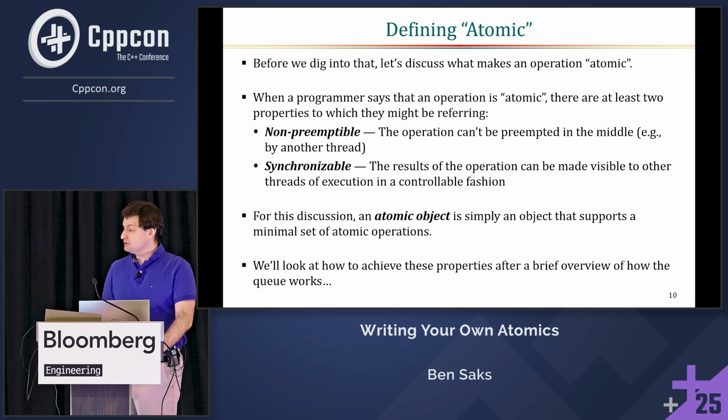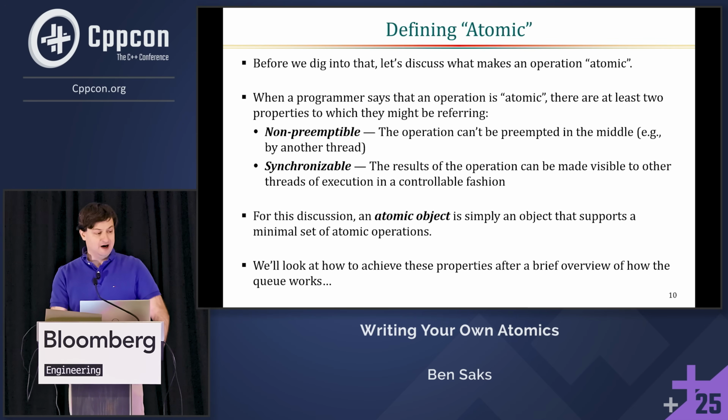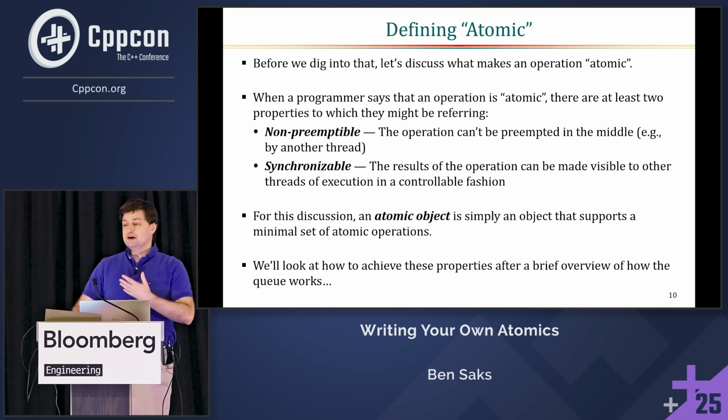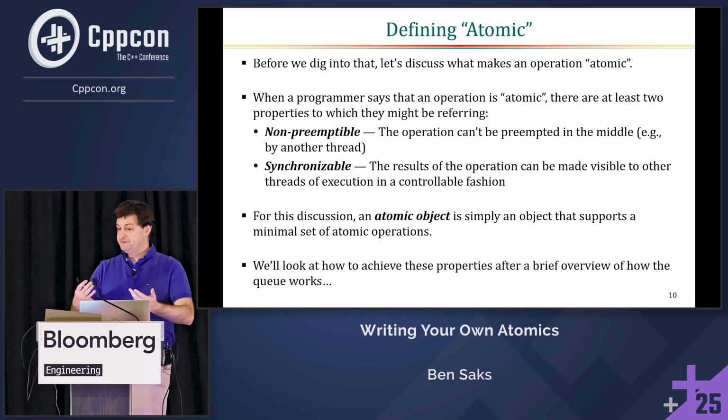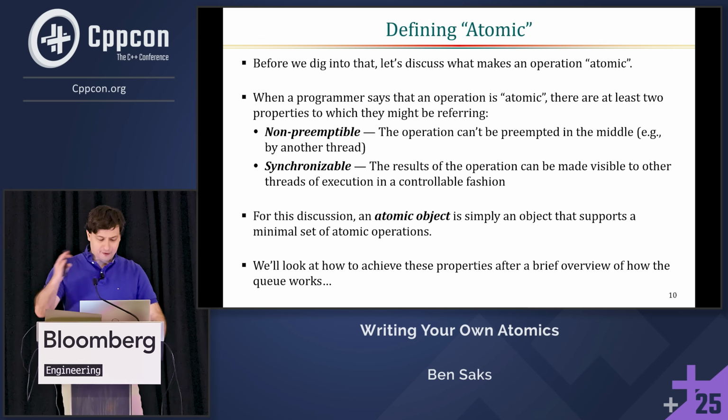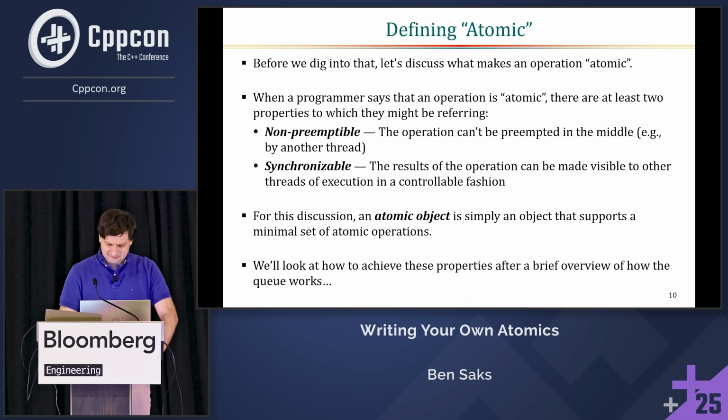They might also be referring to the fact that the operation is synchronizable, the notion that there's some way for the results of the operation to become visible to other threads of execution in my application in some nice, predictable way.